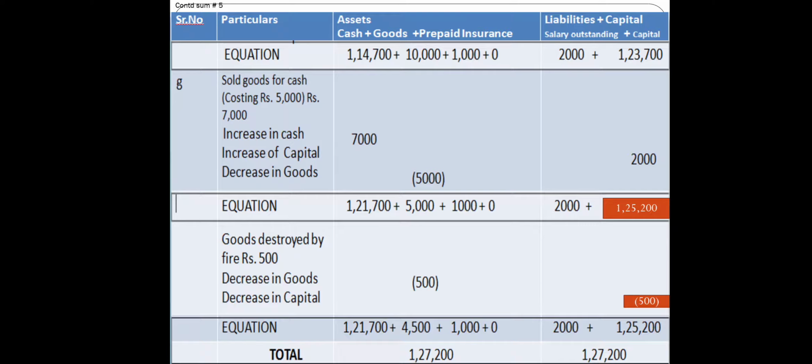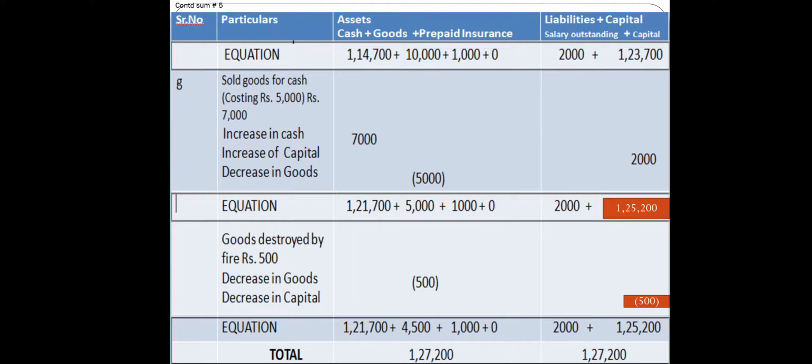Then comes your last transaction, that is goods destroyed by fire. When goods are destroyed by fire, you are losing the goods. Your goods decrease, but at the same time you are incurring a loss. So here 500 rupees I am decreasing the goods. My goods now come to 4,500, and at the same time there is a loss, so it will decrease my capital as well.